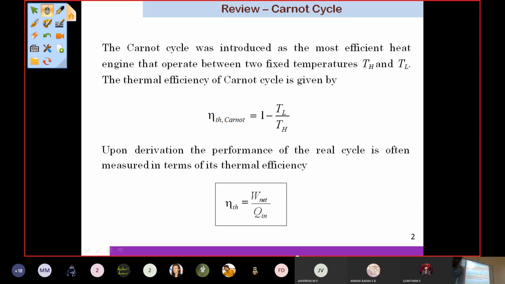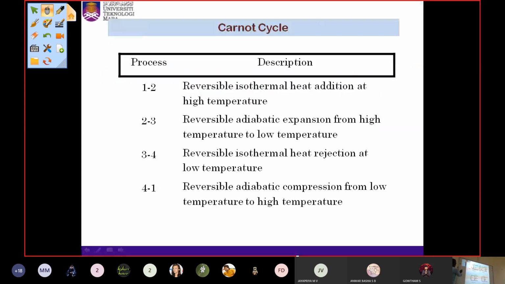Right. So we are looking at the air standard cycles. In the last class we discussed this.